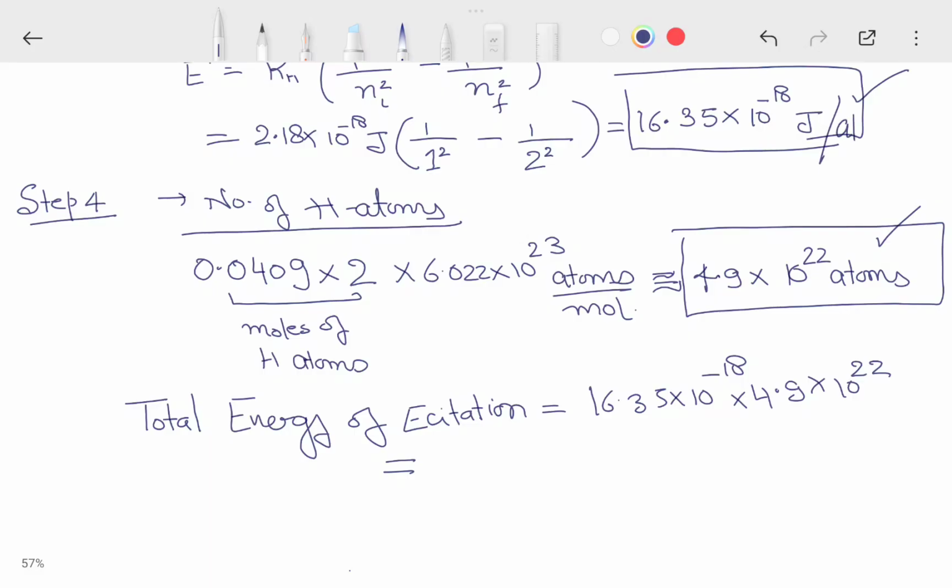Now on multiplying these, we get 80.44 kilojoules.